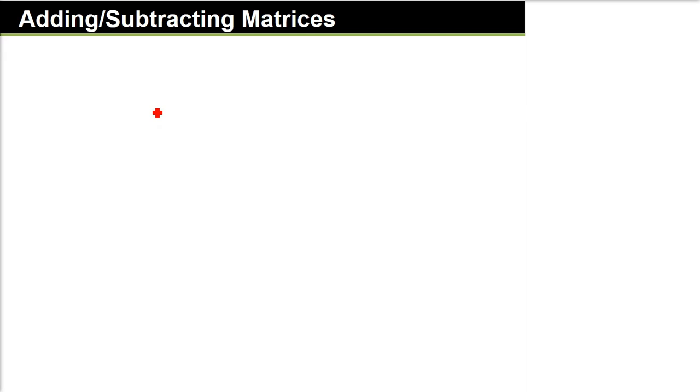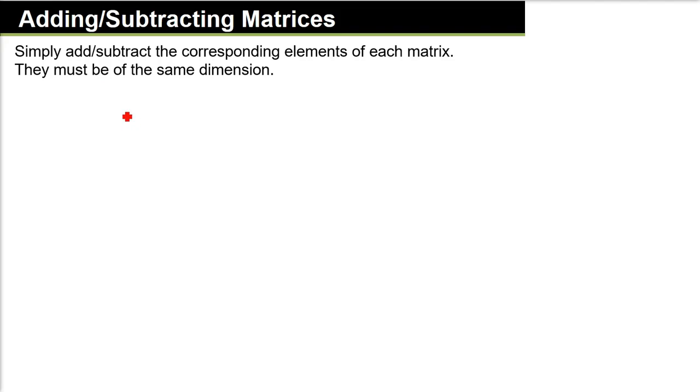Addition and subtraction of matrices. The way we add two numbers, in matrices also we add and subtract two or multiple matrices. How do we do this? Simply add or subtract the corresponding elements of the two matrices. But one thing you have to keep in mind when doing addition and subtraction is that the dimensions need to be the same.